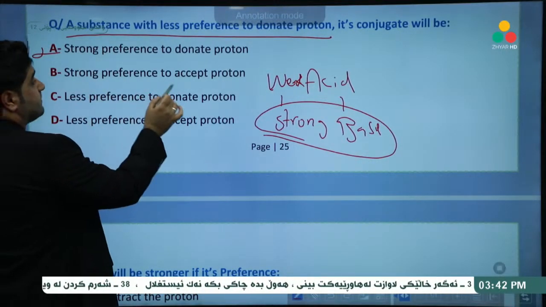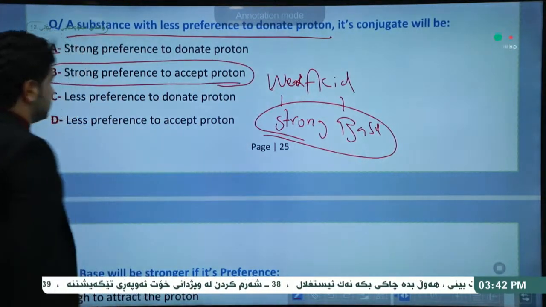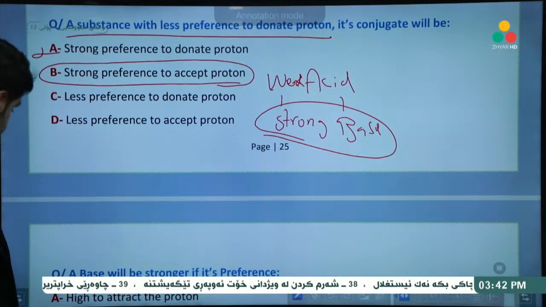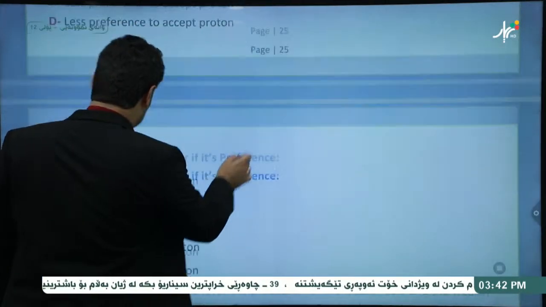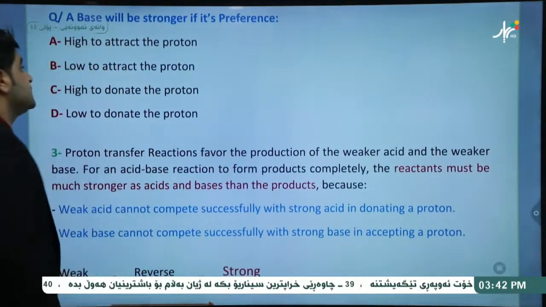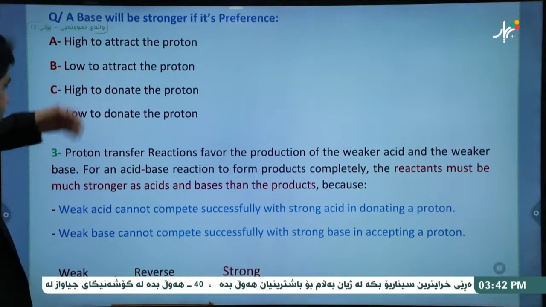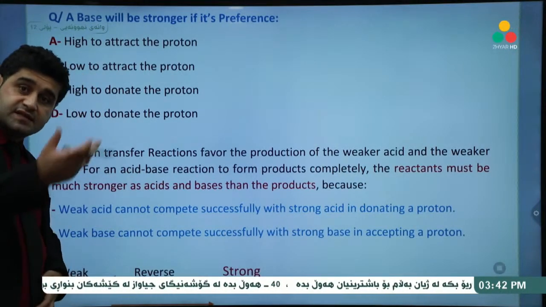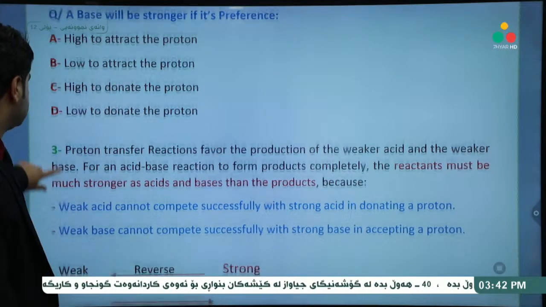Strong preference for accepting a proton? Yes, that's the right answer. A base will be stronger if its preference is high to attract a proton.